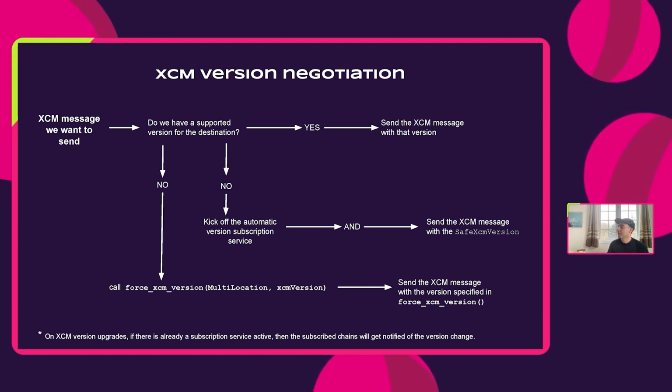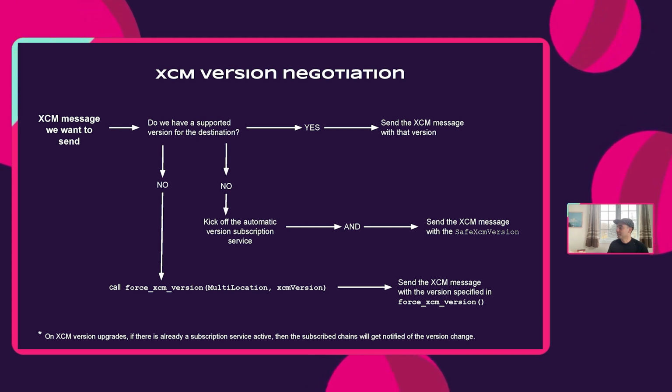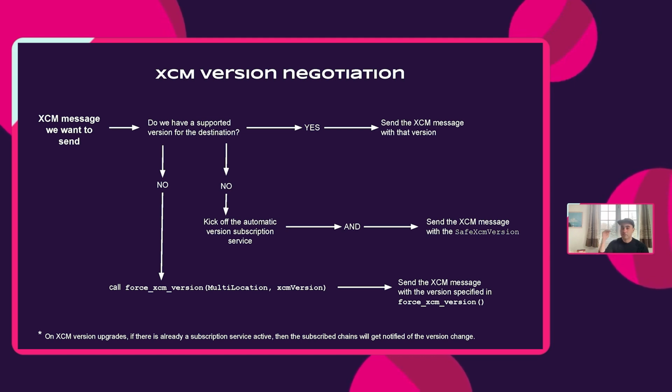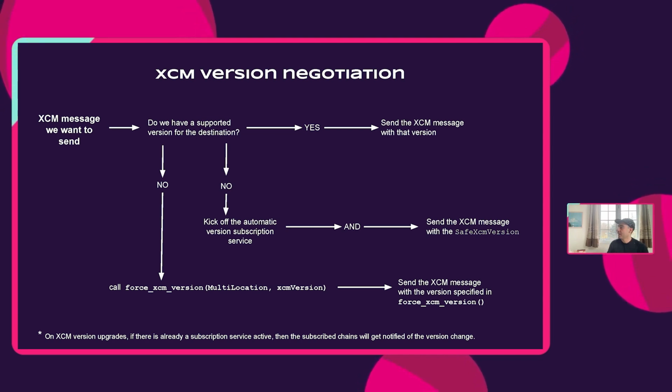While that version discovery is happening, we will send the XCM message with what we set as a safe XCM version. All right, so on our chain here, the one that's sending the XCM, we have a safe XCM version that we hard code in there. We can change it at any time, but it's there. And that's the version of XCM.